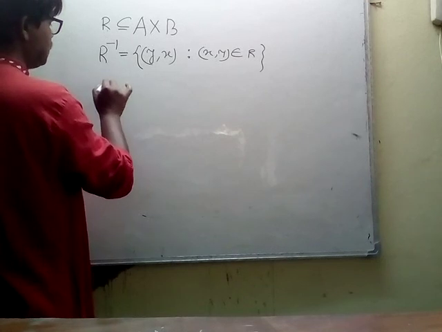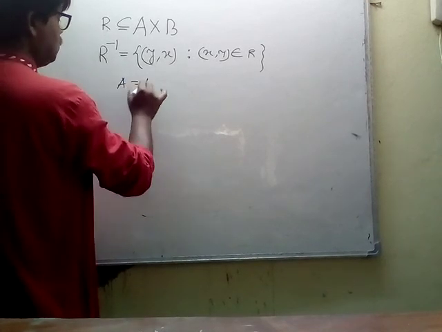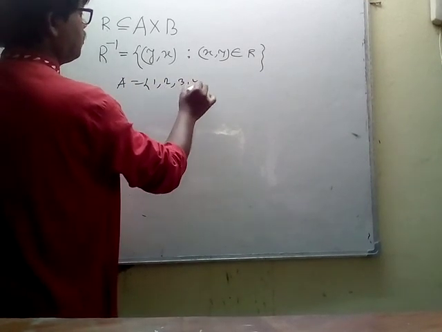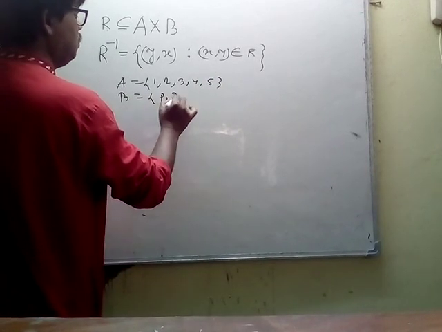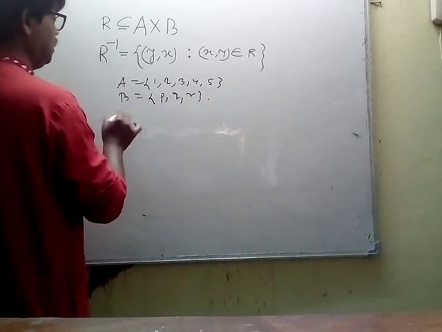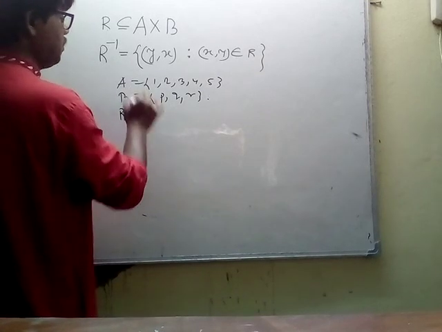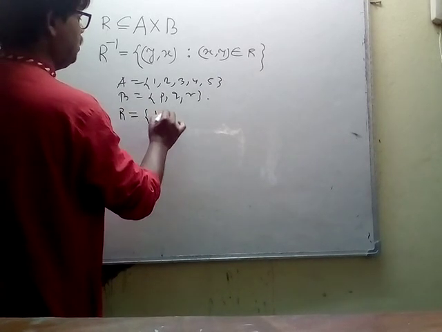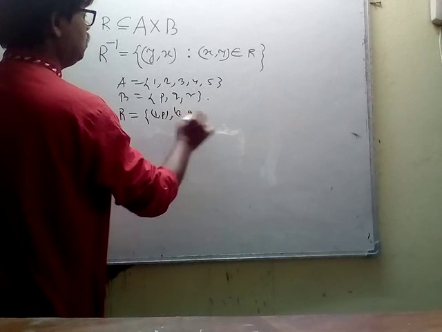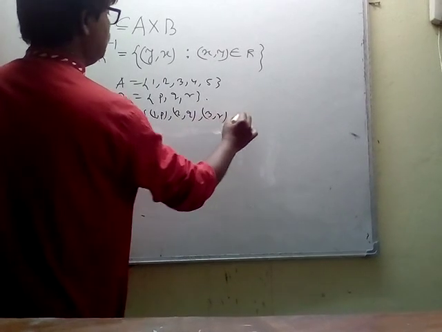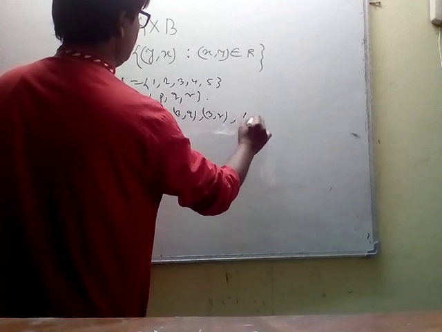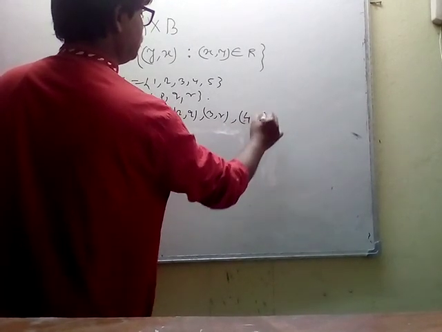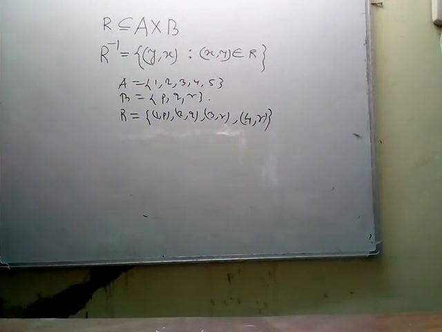Suppose A equals {1, 2, 3, 4, 5}, B equals {P, Q, R}, and R is the relation from A to B: (1, P), (2, Q), (3, R), (4, R).